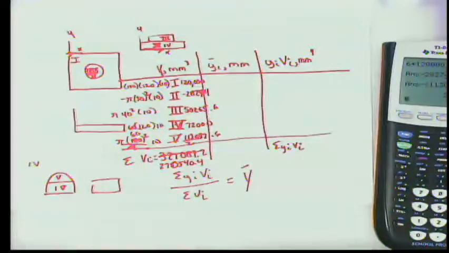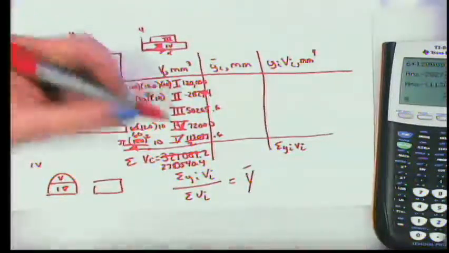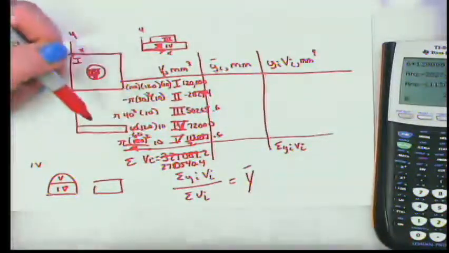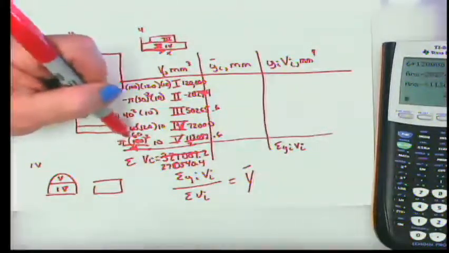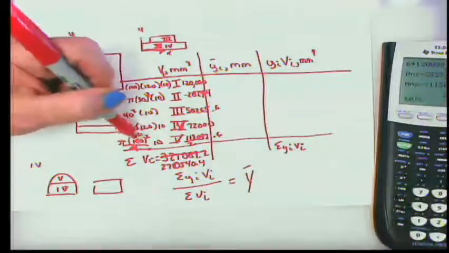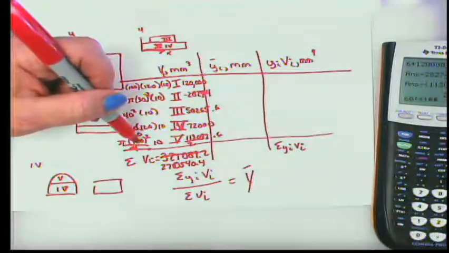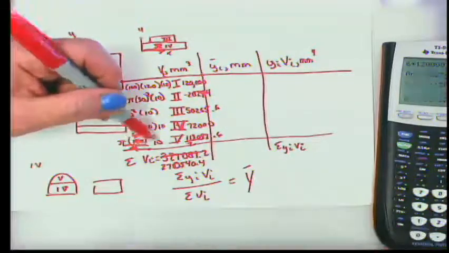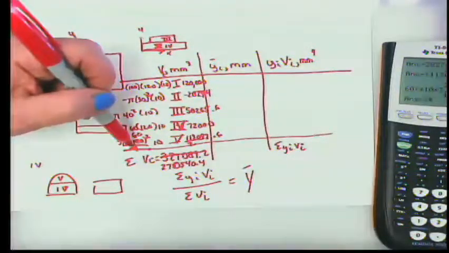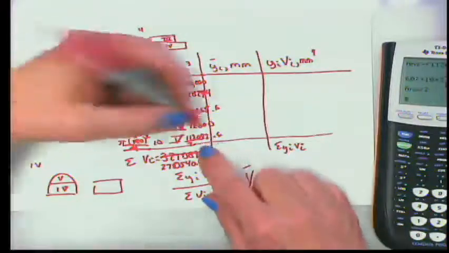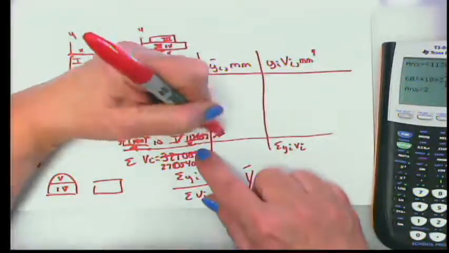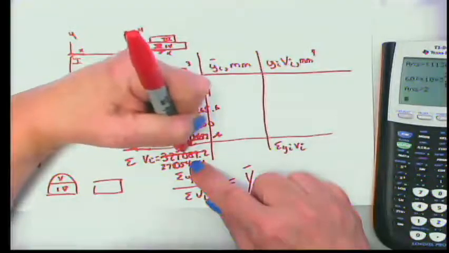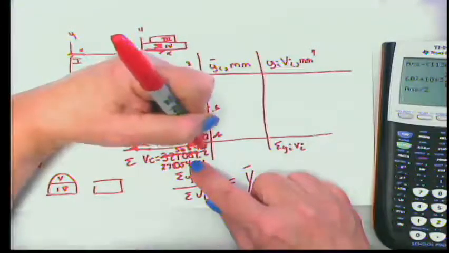I don't know if I got that right or not. Let me do this again. So if I have a 60, it's a half circle, so we have to divide that by 2, but it's 60 squared times 10 times pi divided by 2. So this number would be 56,548.8.